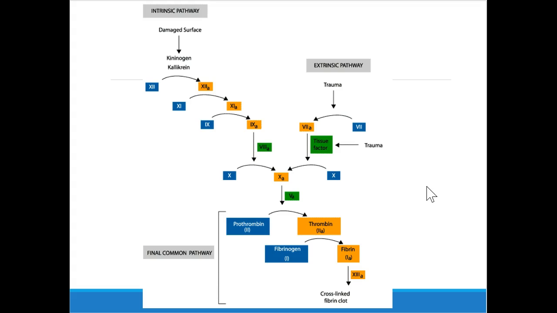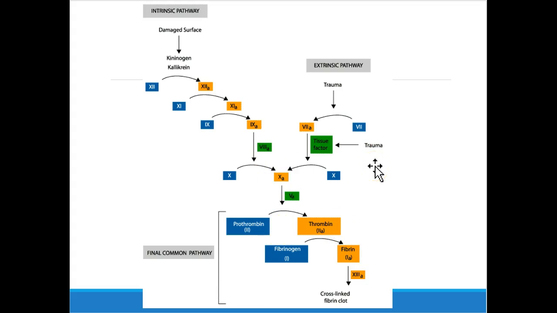So it's really important that anything that's going to work well to inhibit the formation of clots, both intrinsically and extrinsically, you have to work in both. So if, let's say you just inhibit, I don't know, factor 9, which no drug does, but let's say it did, you would work with the intrinsic pathway, but if you had some sort of trauma, so damage to your blood vessel, you'd still be at risk for getting some problem as far as a clot goes if you aren't inhibiting these common pathways.